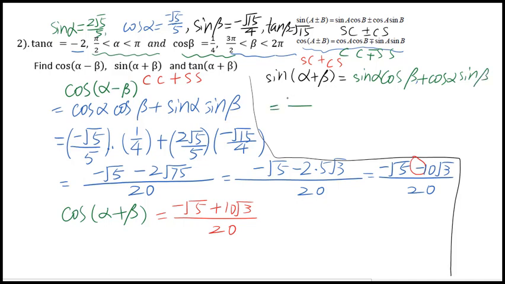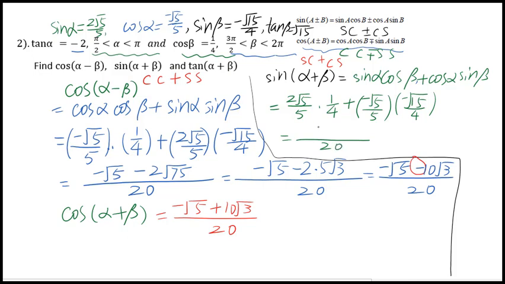Sine alpha equals 2 square root of 5 over 5 times cosine beta, that's 1 over 4, plus cosine alpha is a negative square root of 5 over 5. Then sine beta is a negative square root of 15 over 4. You will get the denominator is 20.